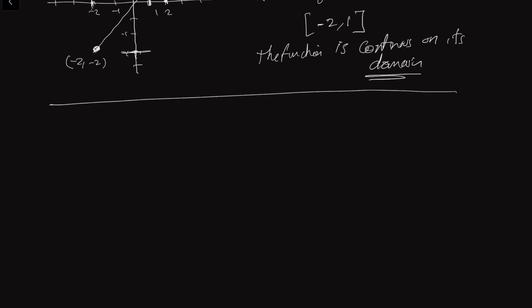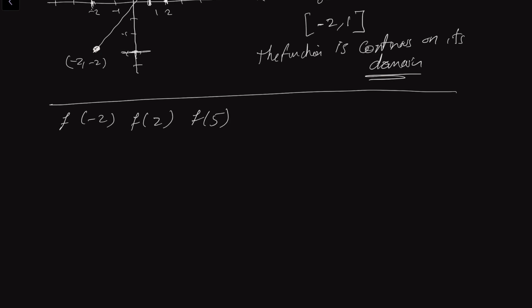Let's have another one, a similar one. Okay, it says the values f(-2), f(2), and f(5).